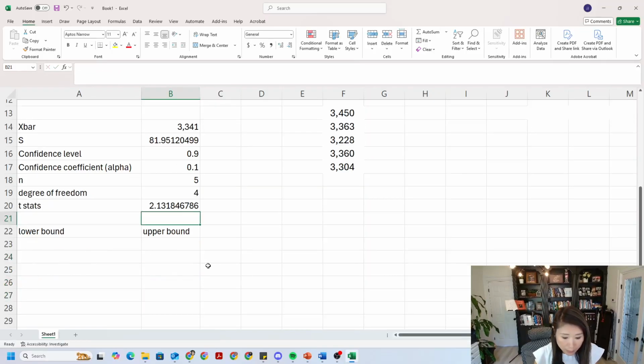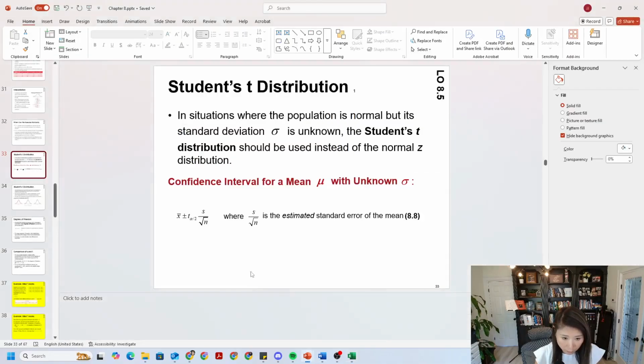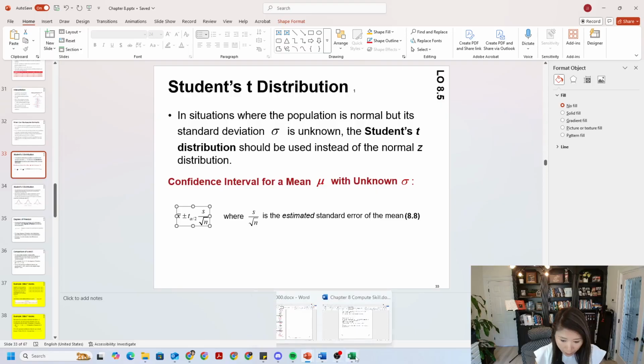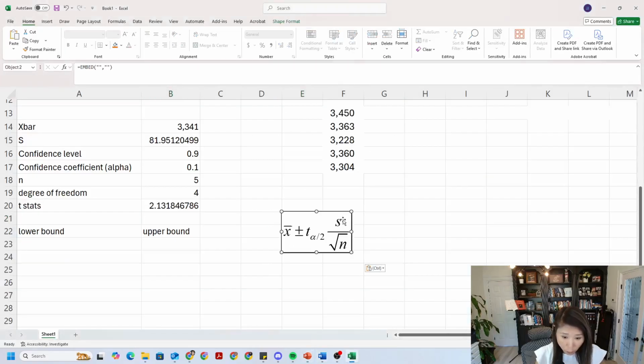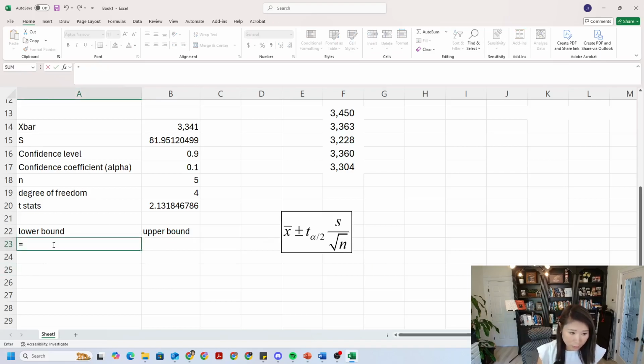We have everything we need to use the formula we just saw on the PowerPoint. Let me copy this one and put it right next to my Excel so we know how to follow it. First of all, the lower bound is equal to the X bar, minus the t statistic times the standard deviation from the sample, divided by SQRT, the square root of sample size n.